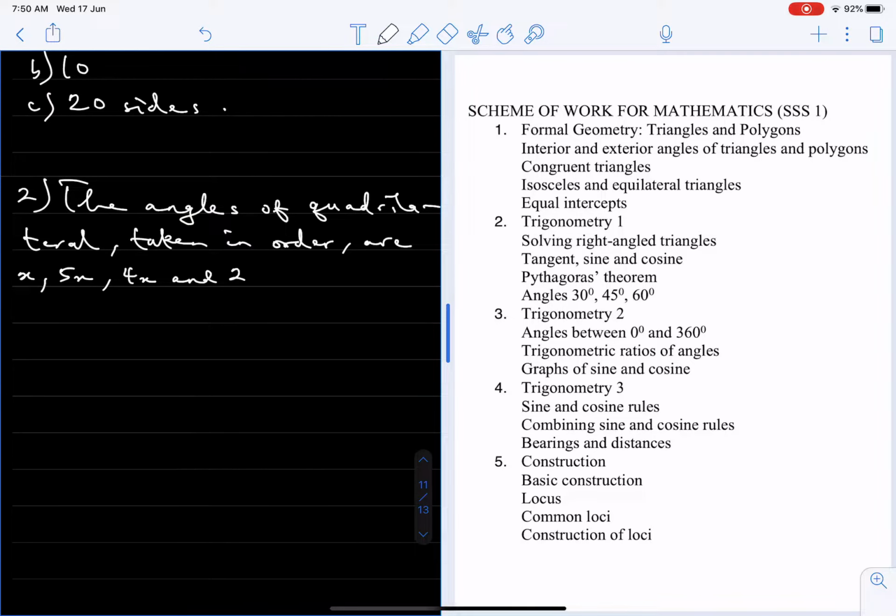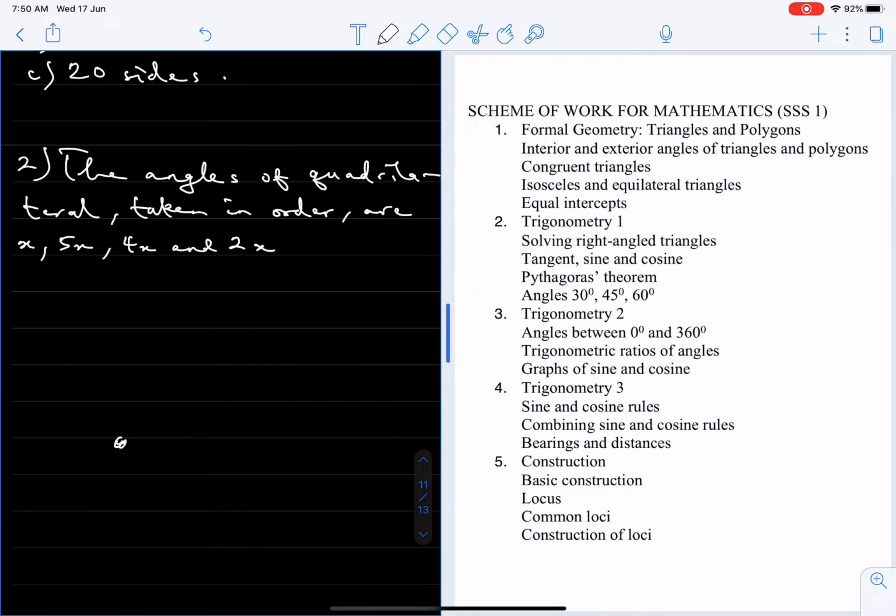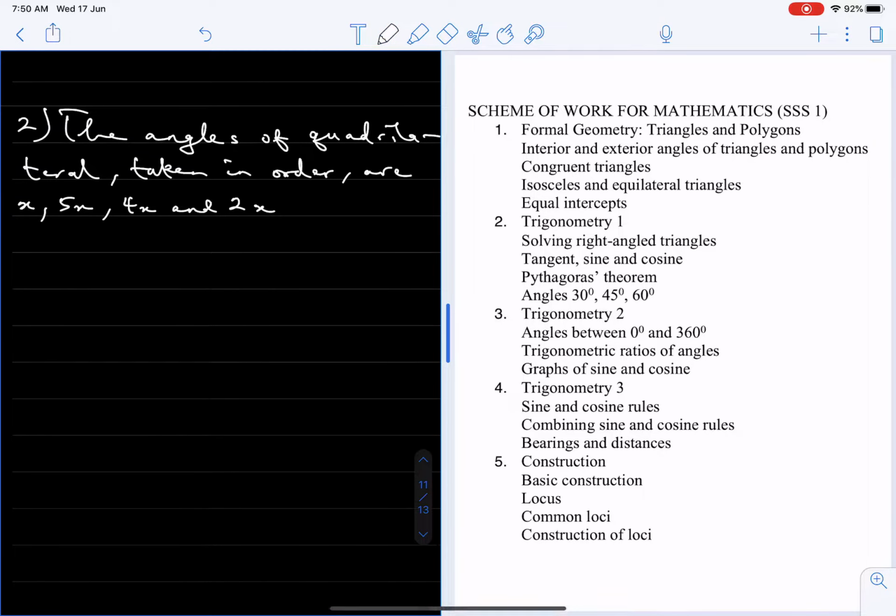That means when you are arranging the polygon, you're going to go this way. So you start from 1 and follow this arrangement to the last: x, 5x, 4x, and 2x.